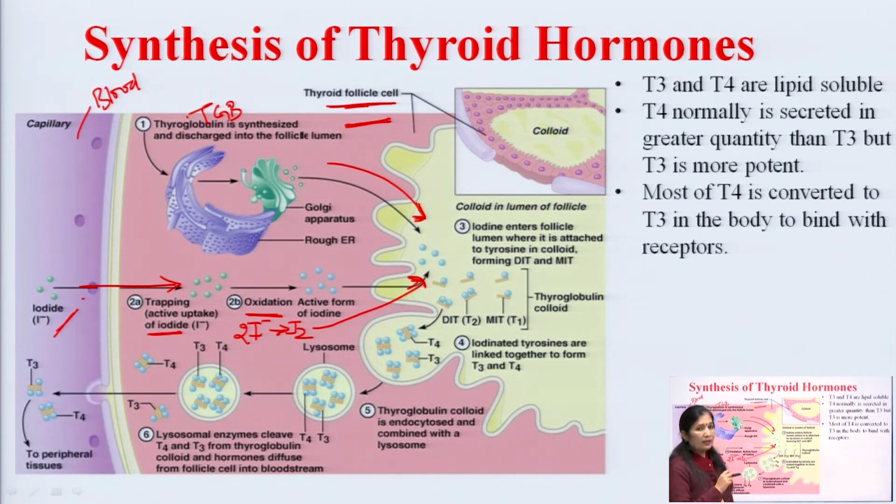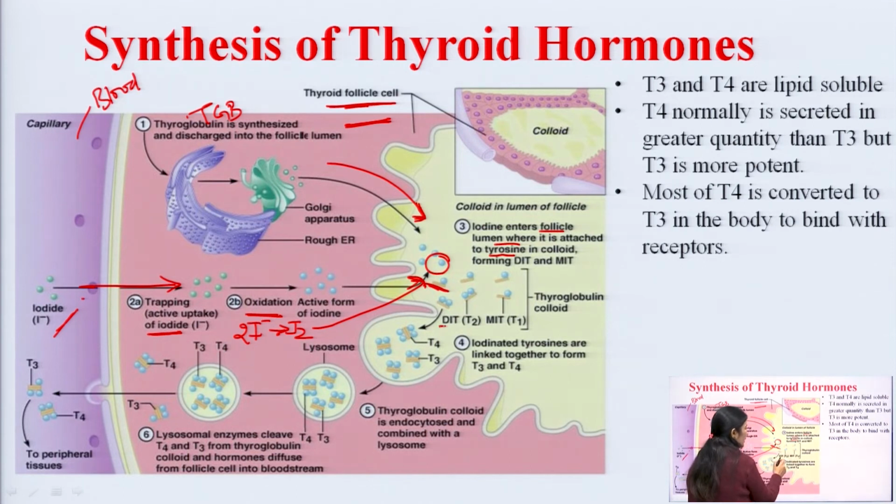Now, what was the next step? So, next step is the iodination of the tyrosine molecule of TGB. So, this iodine will enter the follicle lumen where it is attached to the tyrosine. So, this is iodine, and these are the TGB. So, iodination of TGB is happening here.